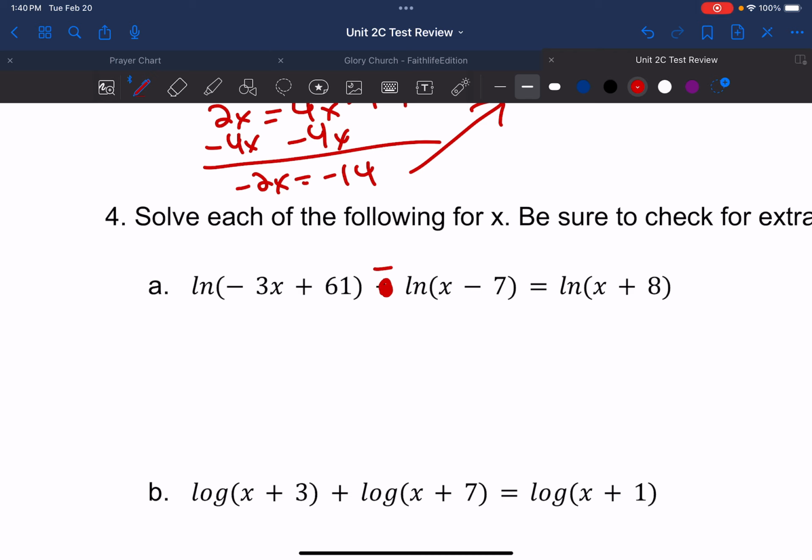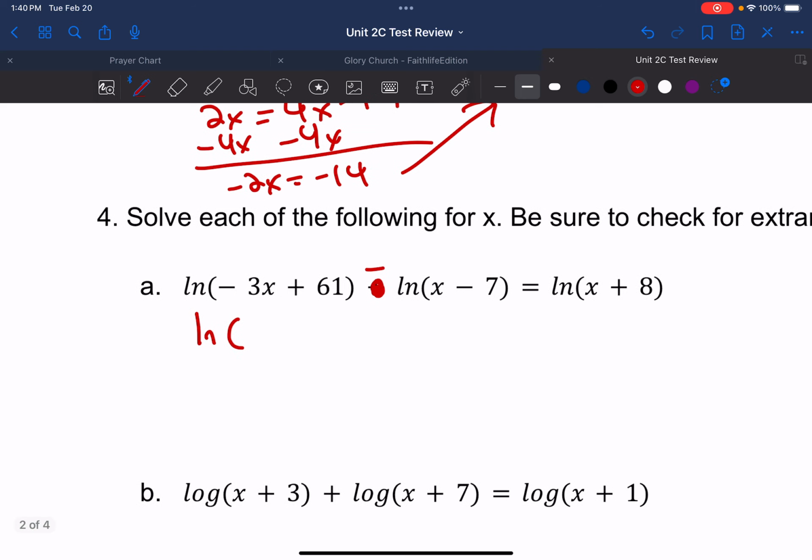Minus. So remember, I've got to combine to the same base. So I'm going to have ln subtraction become division. So I've got 3x plus 61 over x minus 7 equals ln of x plus 8.